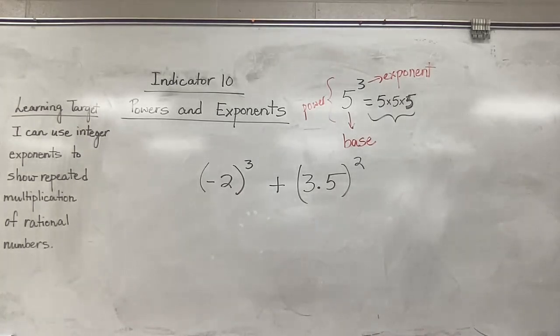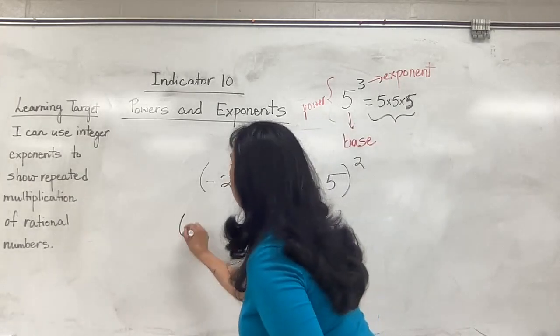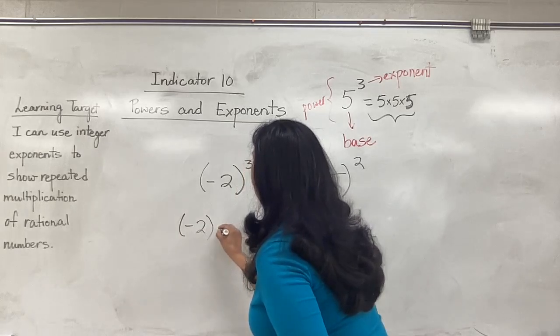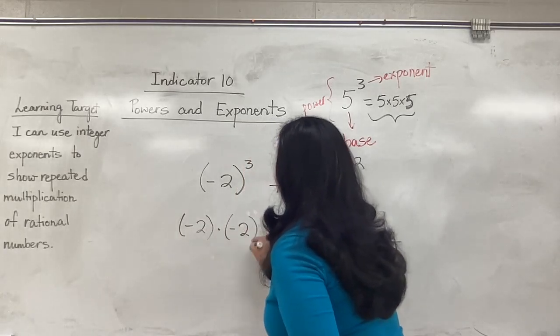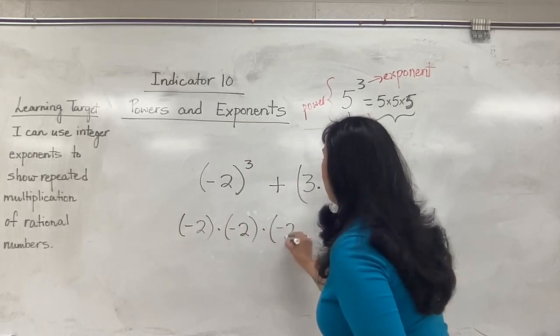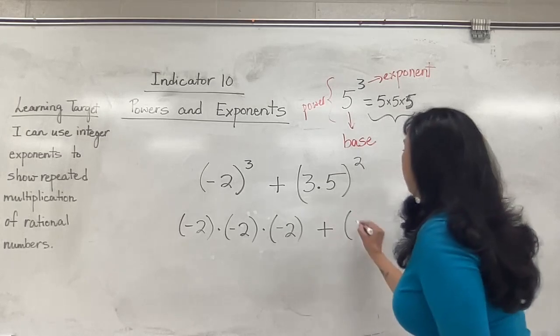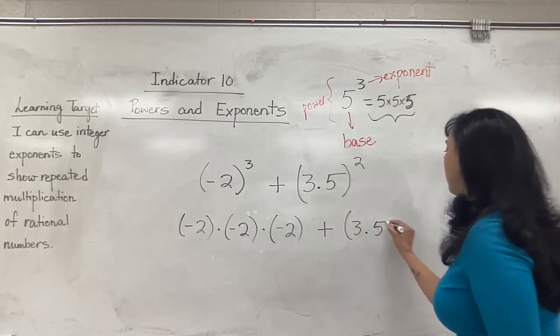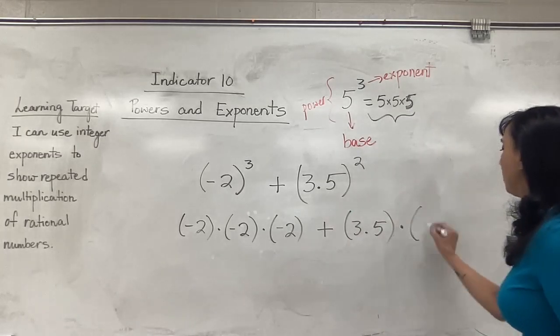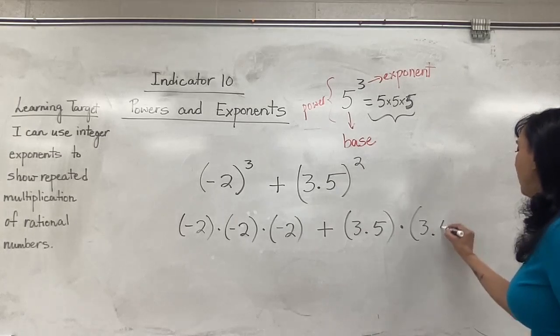So if we organize this, this means negative 2 times negative 2 times negative 2, plus 3 and 5/10 times 3 and 5/10.